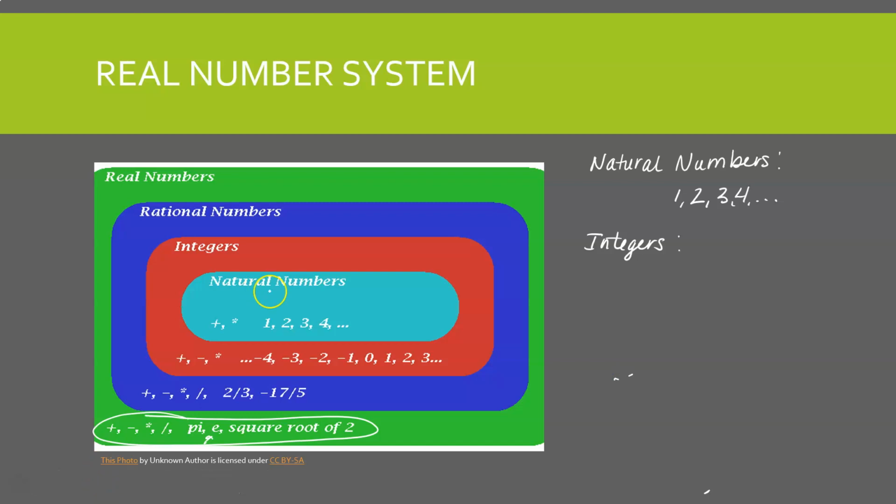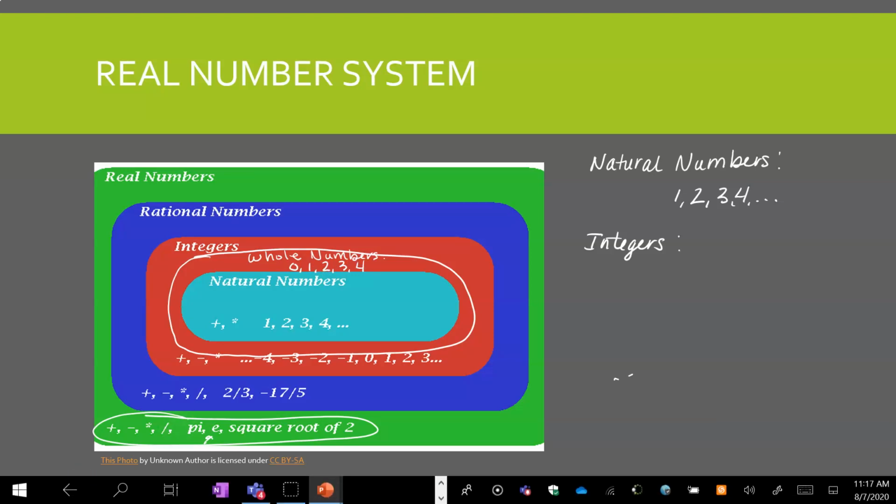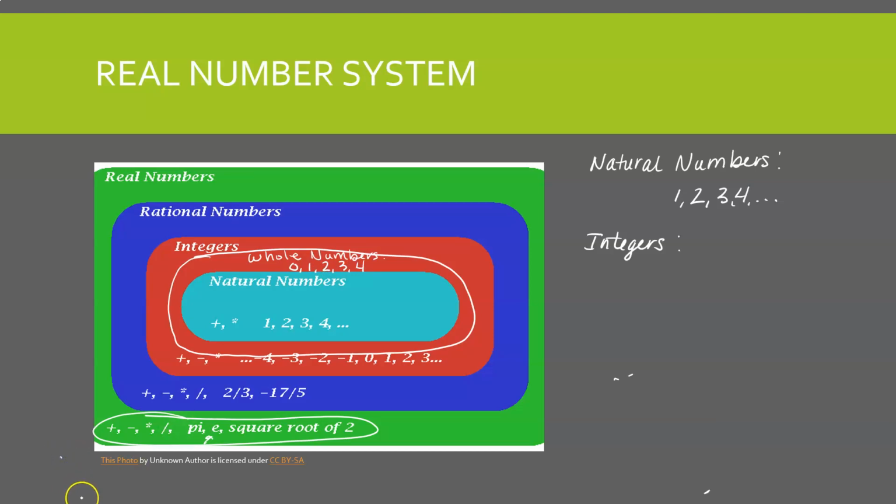And in here should be a circle called whole numbers. We skipped one in this. And that includes 0. So 0, 1, 2, 3, 4. That should be included in there. So let's squeeze whole numbers in here.